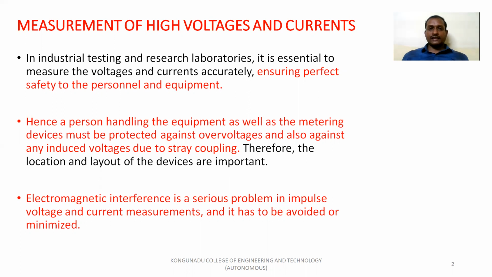Electromagnetic interference is a serious problem in impulse voltage and current measurement, and it has to be avoided or minimized during the measurement. So, from that, we should understand that measuring high voltages and high currents is to protect the measuring devices, the equipment, and also the human being from the high voltage.